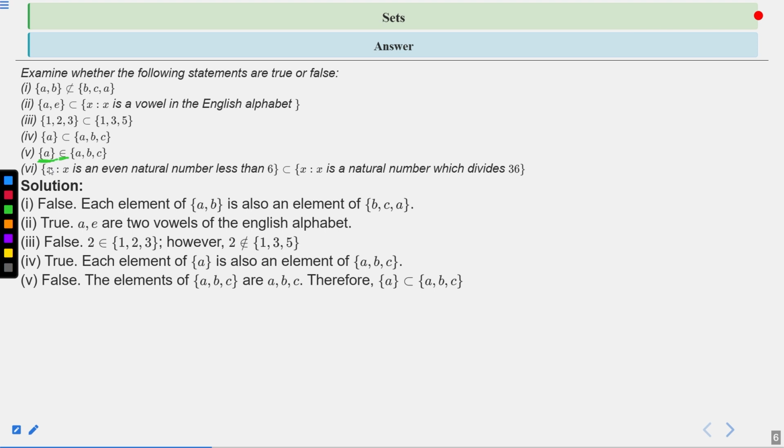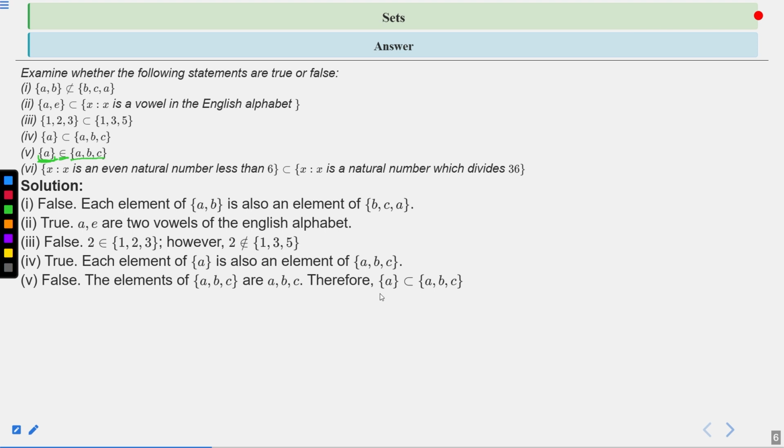So if you look at curly bracket A, this statement is saying curly bracket A belongs to the set ABC, while it does not. A belongs to the set ABC, but curly bracket A doesn't belong to the set ABC.